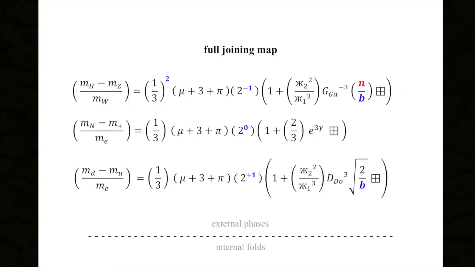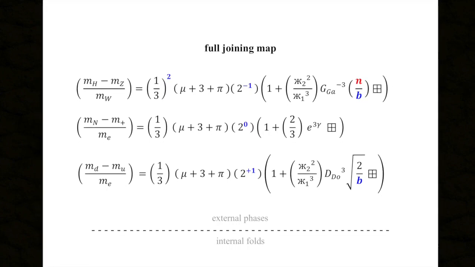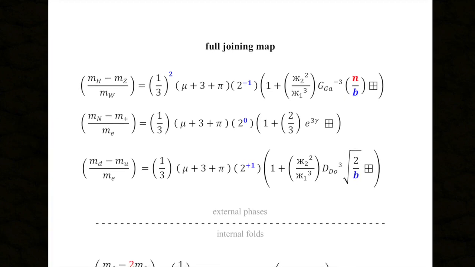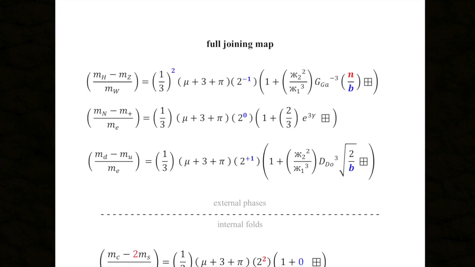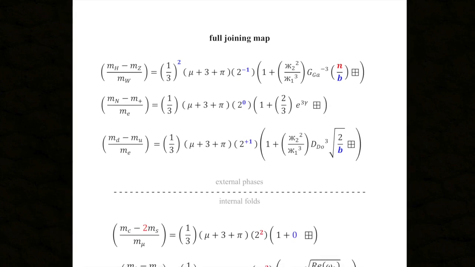All right, so we have the external phases, which extend to our trivial joining map into 3 different groupings, which happen to select perfectly the mass of the Higgs, the Z boson, and the W boson, and the mass of the down and up quarks. Notice again here the mass of the electron shows up in double role. It's playing 2 roles in this construction. Important.